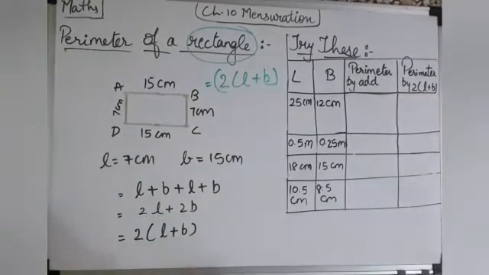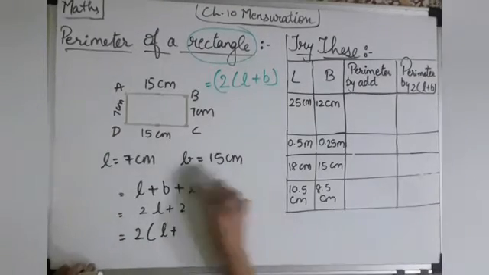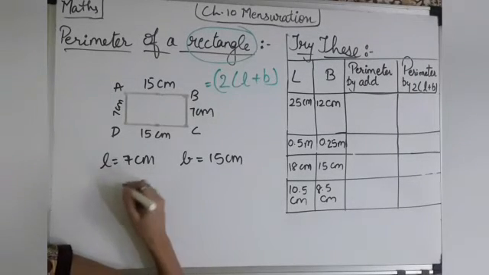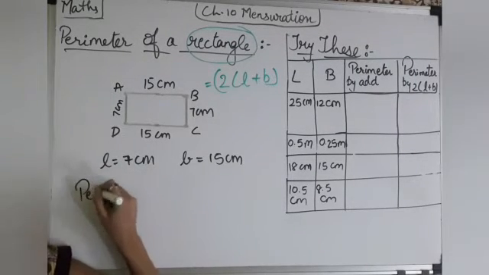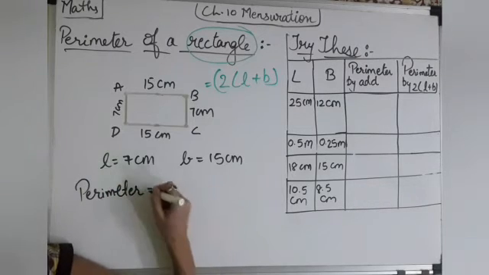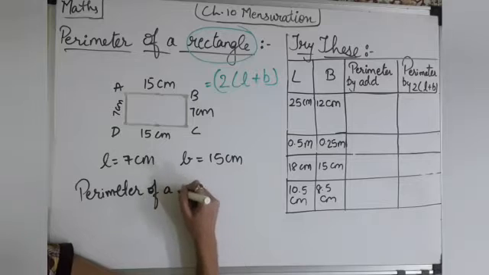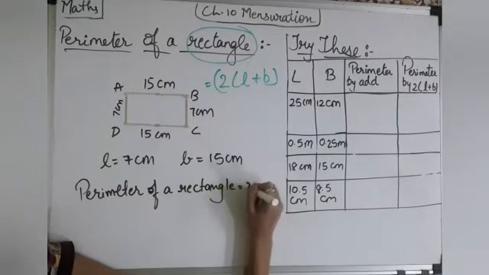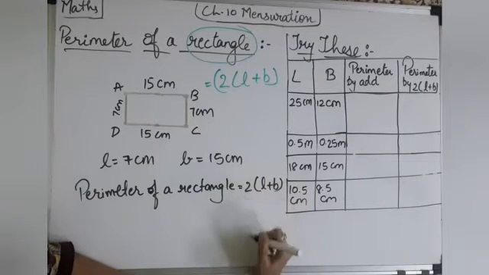So now let's implement this formula in our sum. So as I have written, perimeter of a rectangle is equal to 2(L plus B).